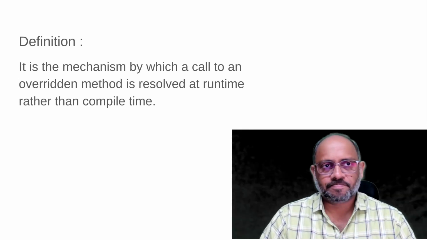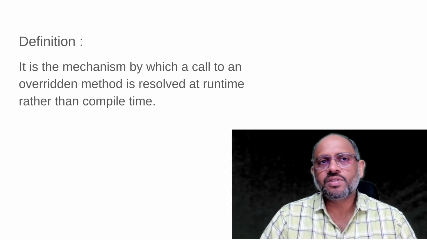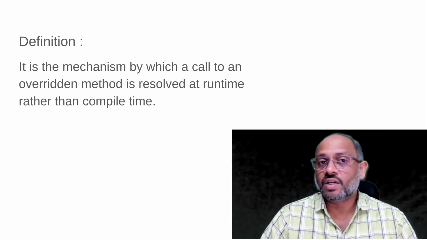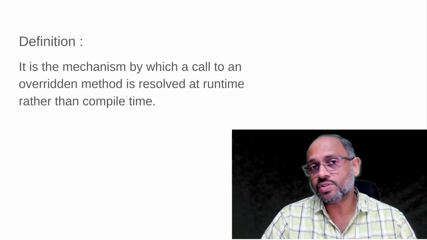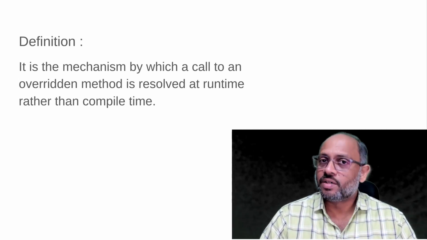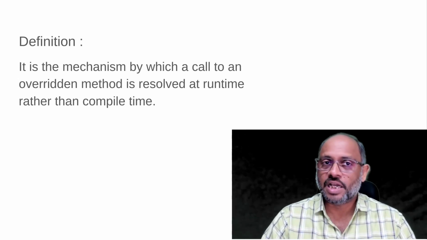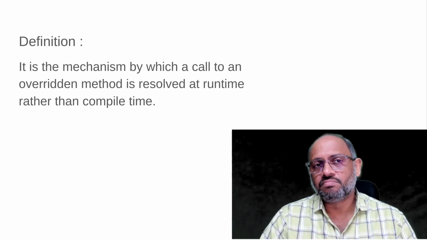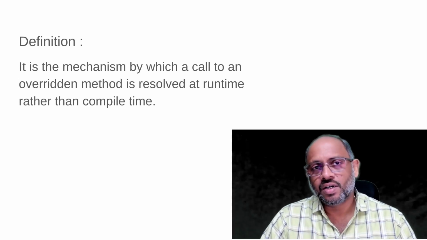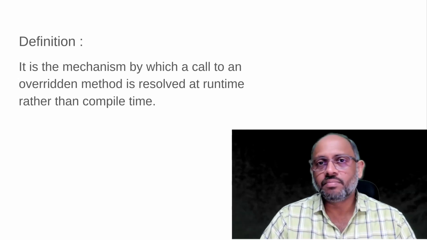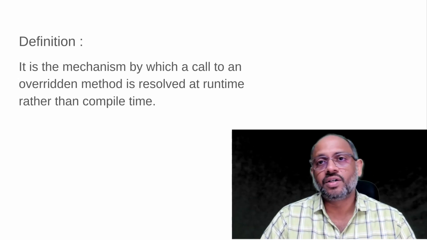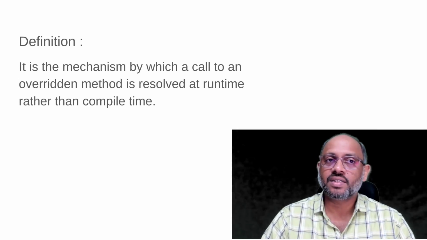It forms the basis for one of Java's most powerful object-oriented principles, that is dynamic method dispatch. This is the mechanism by which a call to an overridden method is resolved during the runtime rather than compile time.